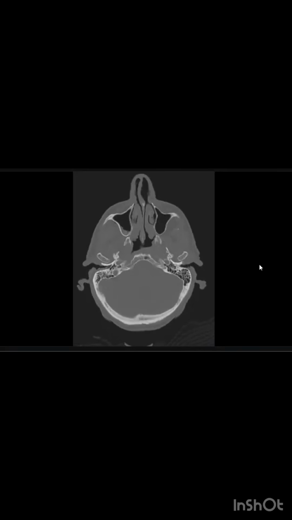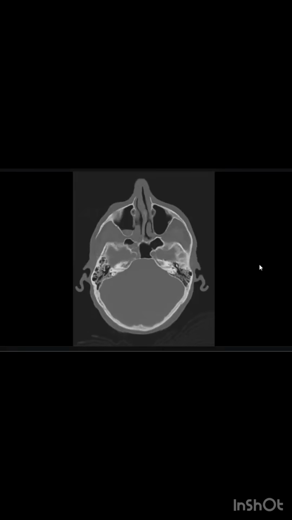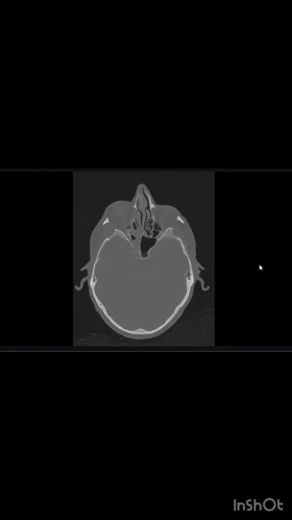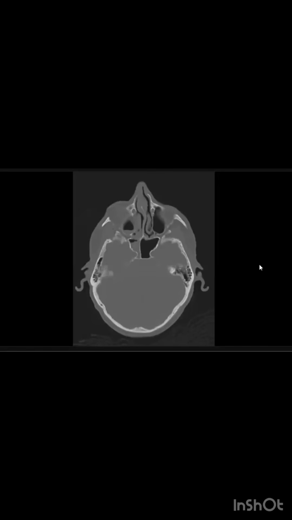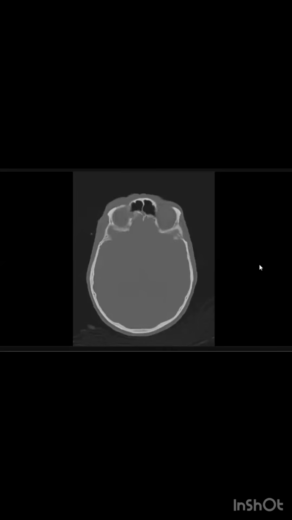In the area of concern, which is the PNS and the orbit, I can see a mild mucosal thickening in the right maxillary sinus. While moving upwards, there is a fracture noted probably through the greater wing of the right sphenoid bone. How will you manage this case?